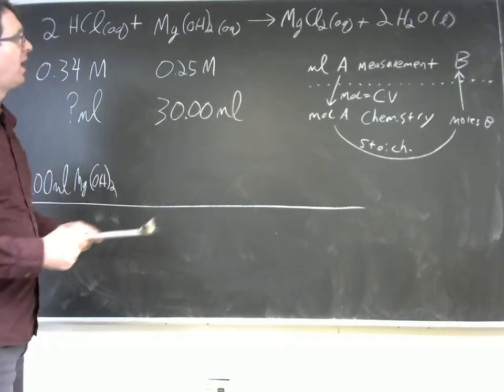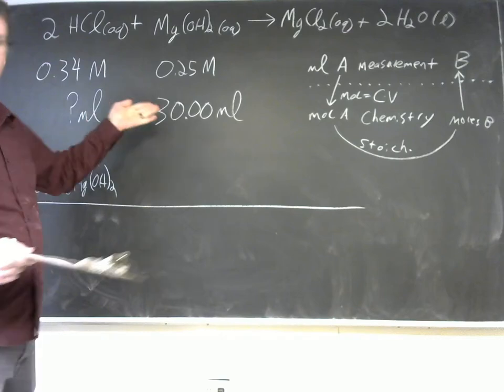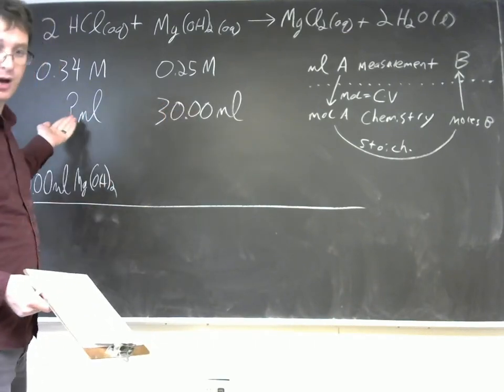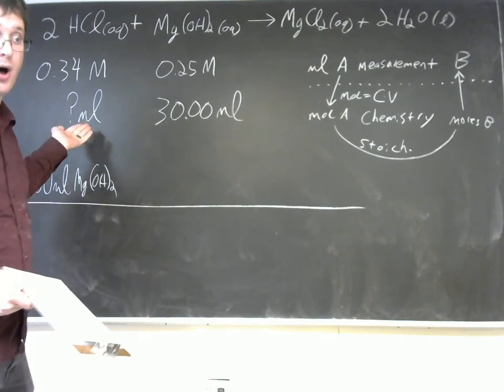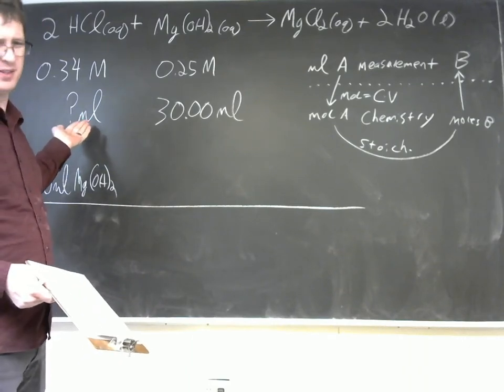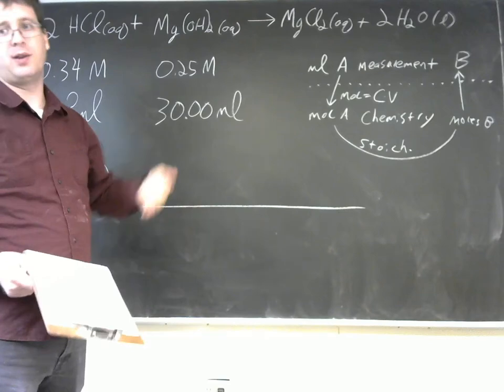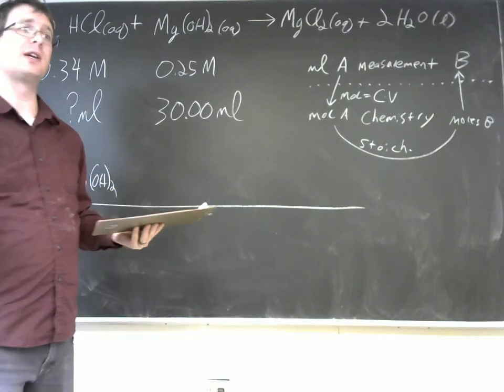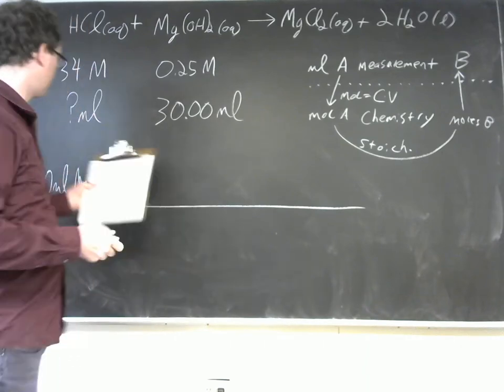Now, you could convert your milliliters into liters, and then the answer you got for the hydrochloric acid would also be liters. And you'd have to, I suppose, convert it back to milliliters. We can just skip that conversion since we would be doing it both ways. We can just deal with milliliters.